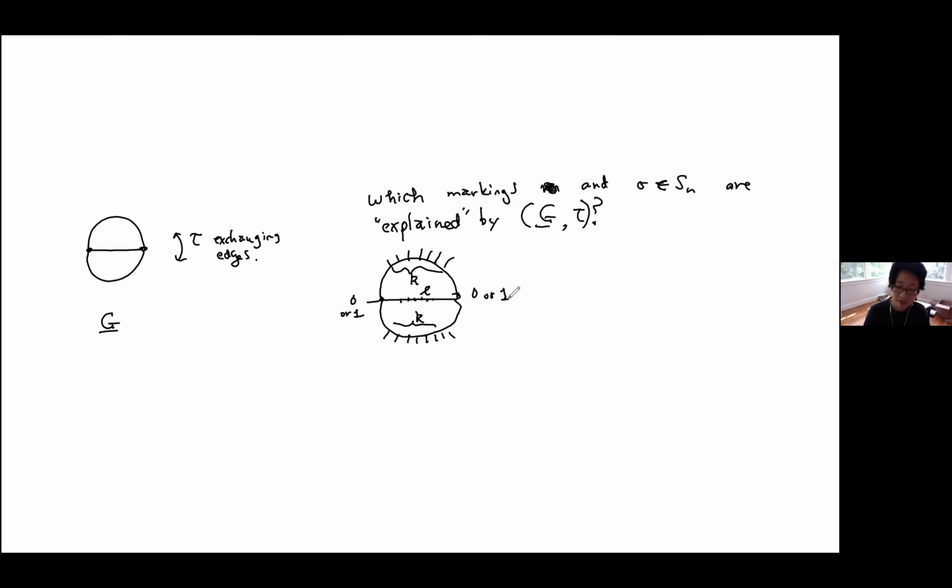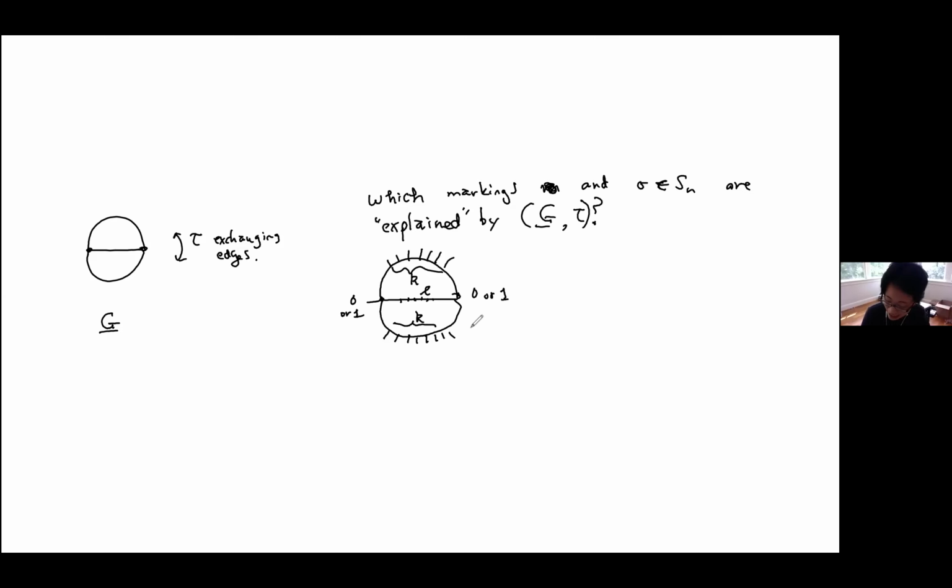Remember, my marking function is required to be injective due to reduction star on the previous slide. So I'm just trying to sprinkle marked points on, at the moment not labeled 1 through n, just unlabeled, but in such a way that they could be labeled in a way that is compatible with G underline comma tau.